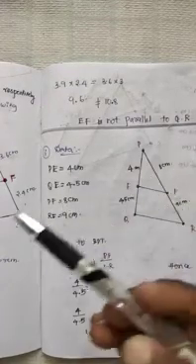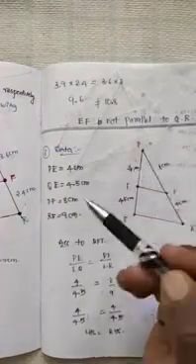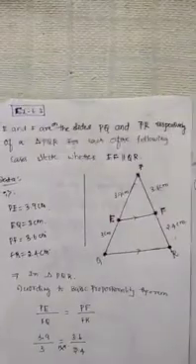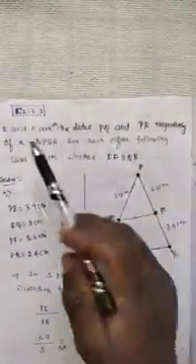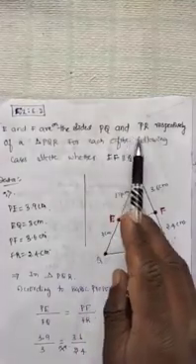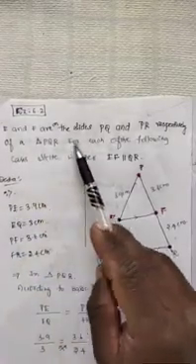So by solving this we get that EF is not parallel to QR, right? Again I am going to take a second sum, where E and F are on the sides PQ and PR respectively. That means E is the midpoint of PQ and F is the midpoint of PR.